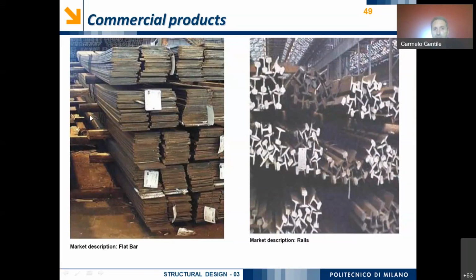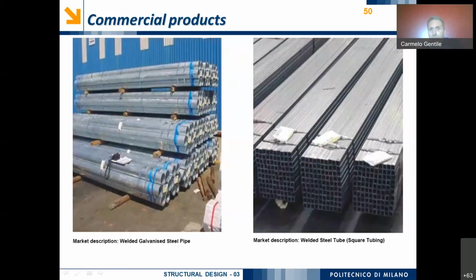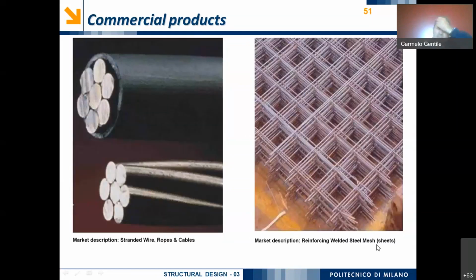The other kind are flat bars like this, okay? In other types, there are the steel pipes in rounded cross section or also in square tubing, something like this.